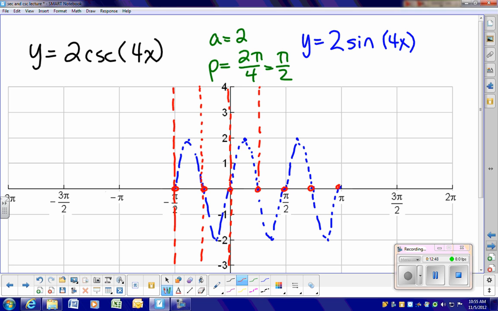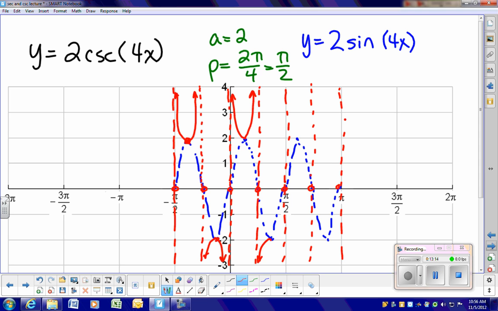All of these guys are vertical asymptotes. After that, we're going to think about our hills and valleys. Okay, so wherever sine had a hill, cosecant's going to have a smiley face. And wherever sine had a valley, we're going to have the frowny face.